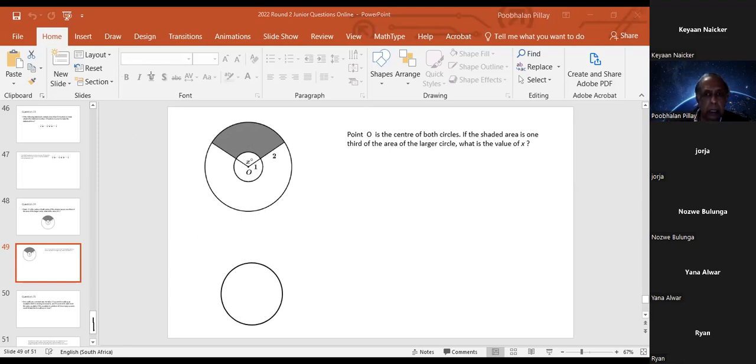If I have a circle and I have a piece, and I know the angle, suppose this angle I know is, say, 45. And I ask you, what is the ratio of the area of this pizza slice to the area of the entire circle? Right?